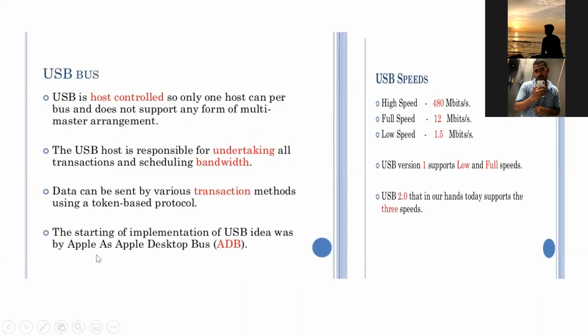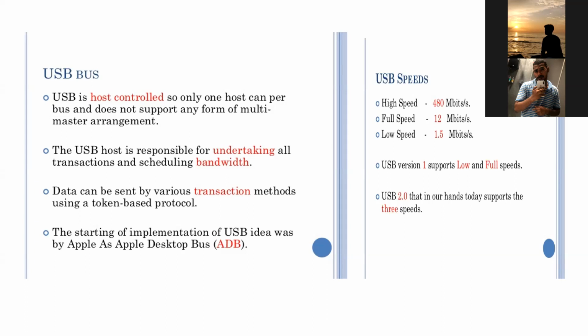You have to know the USB idea was implemented by Apple. You all know the iPhone company Apple. They developed the Apple Desktop Bus, an idea accepted by the electronic association protocols, and they slowly developed this USB. The main thing about USB is that it is host controlled. Only the host can use the bus.